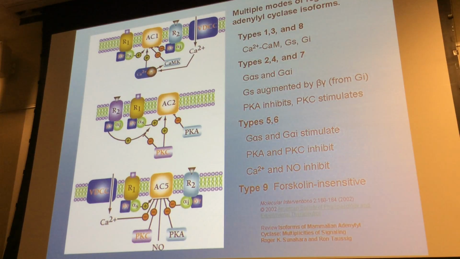So you can actually release something from a GI-coupled receptor, and the beta gamma is going to have the opposite effect of the alpha, and it is going to now augment this. We call this a synergism, so that it actually works a whole lot better, and you'll get much more cyclic AMP made when you trigger one of those GI-coupled receptors.